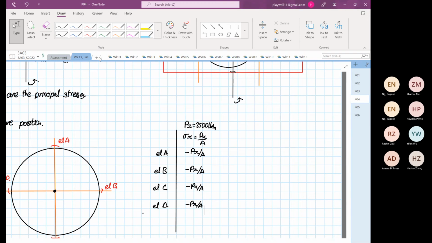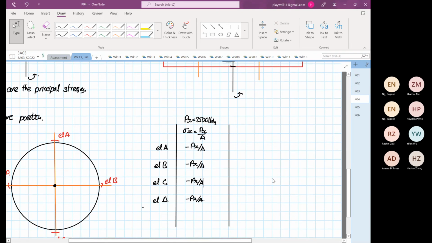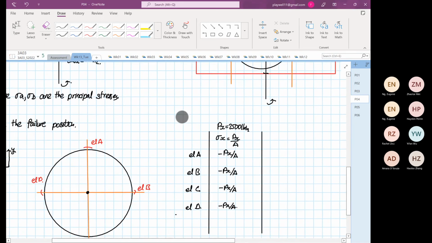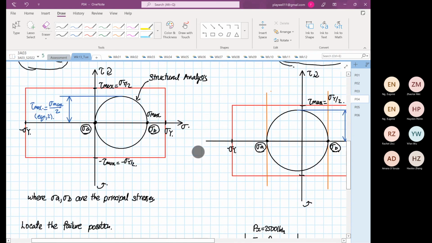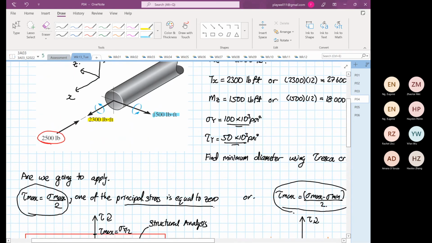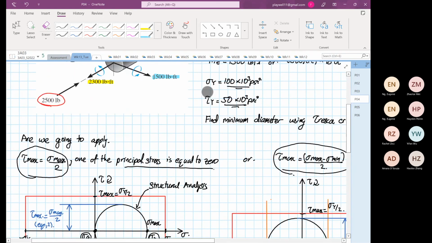And then the next one we're going to look at is the one due to bending moment. Okay, so M. So we're going to look at moment about the z-axis.